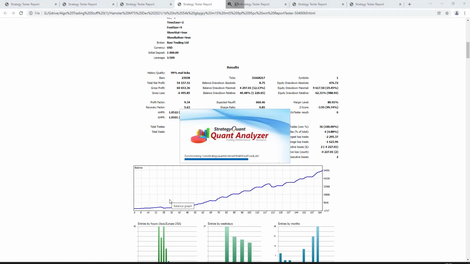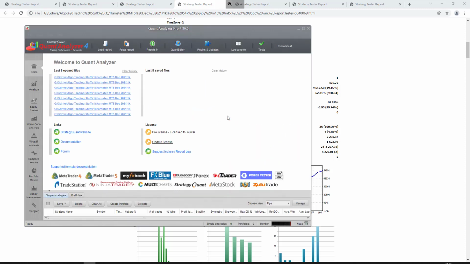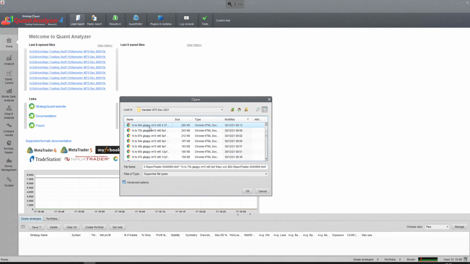So if you want to analyze these results, use a bit of software called Quant Analyzer. I'm just firing it up now, and this does have a free version which you can download and use. What you do is you use this to load up all of your strategy tester files into Quant Analyzer, and I've saved them all into this folder, so I'm just going to select them all.